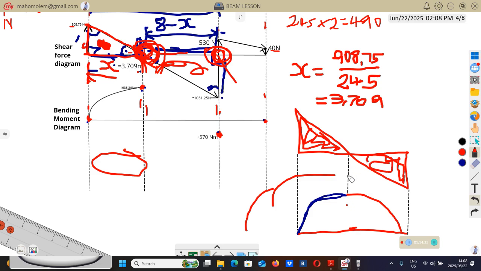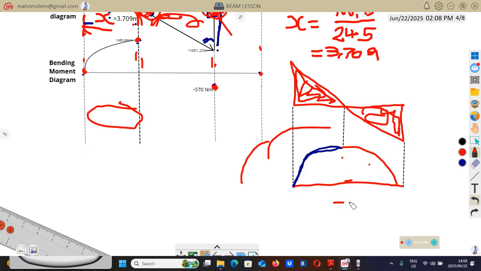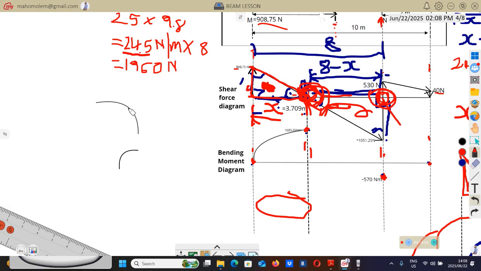Then we're going to join this point here and this one here using this kind of curve, and we're going to join those points with this kind of curve. Good.